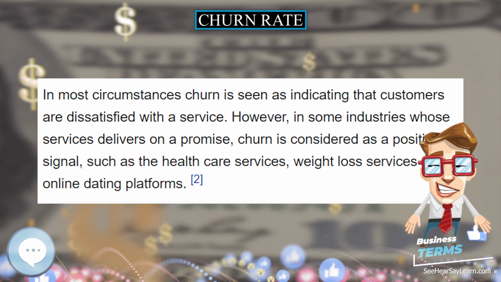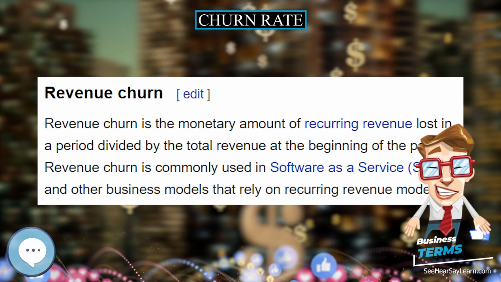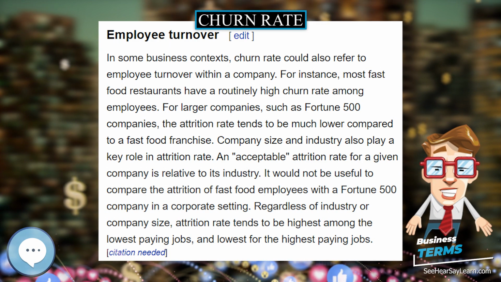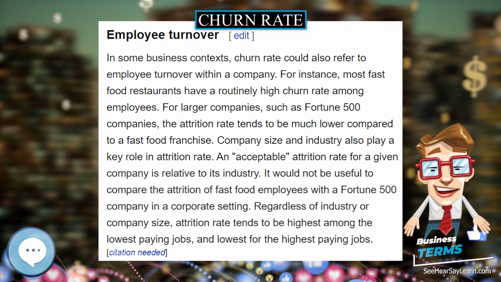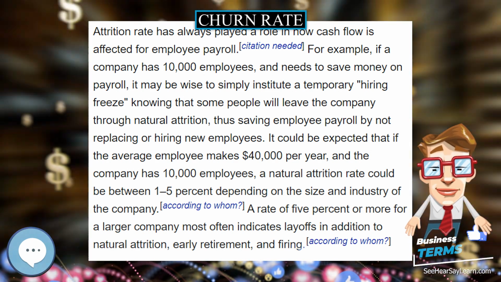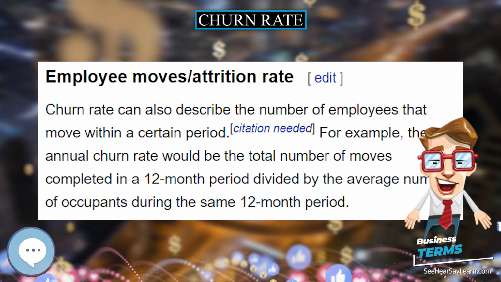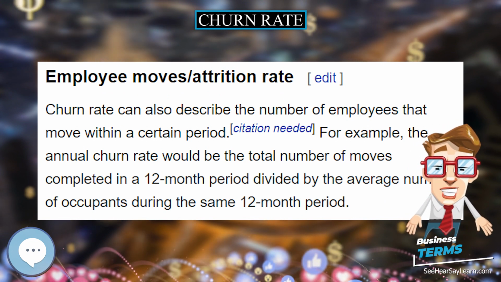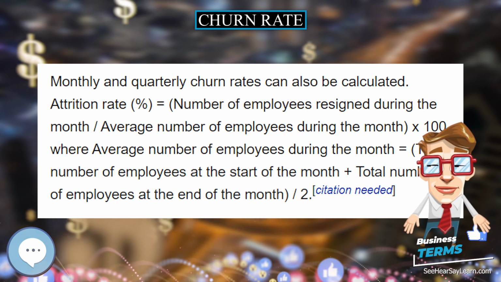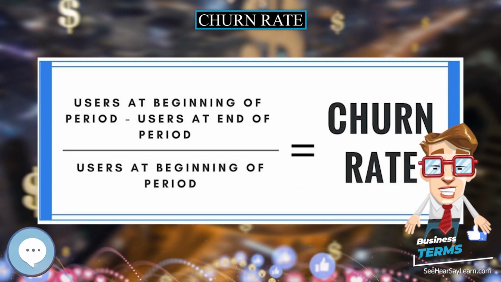It could be expected that if the average employee makes $40,000 per year, and the company has 10,000 employees, a natural attrition rate could be between 1 to 5% depending on the size and industry of the company. A rate of 5% or more for a larger company most often indicates layoffs in addition to natural attrition, early retirement, and firing.